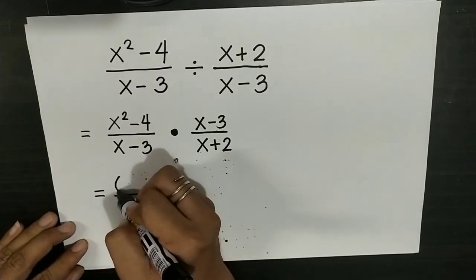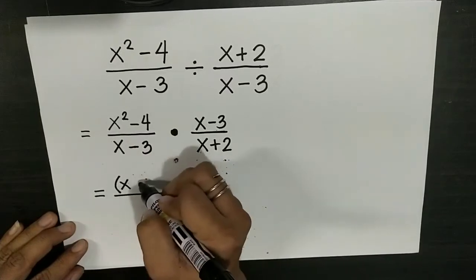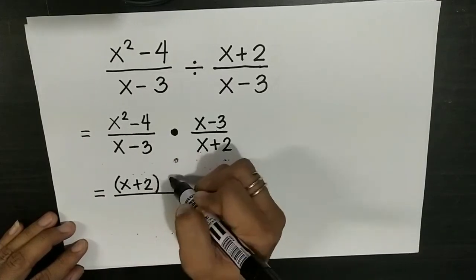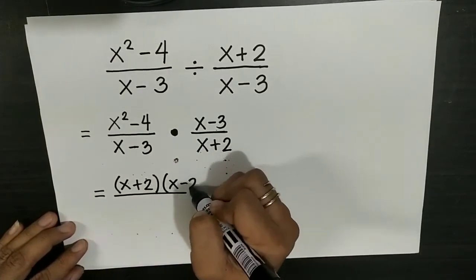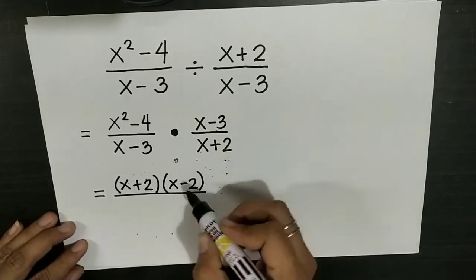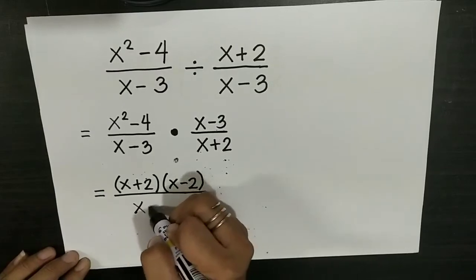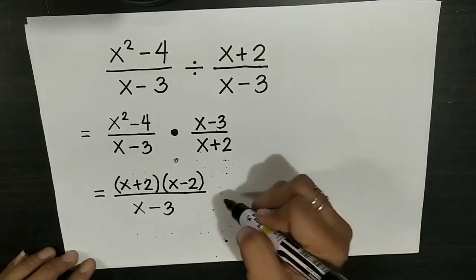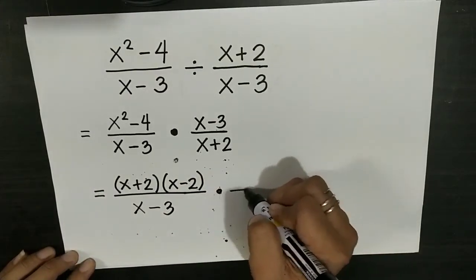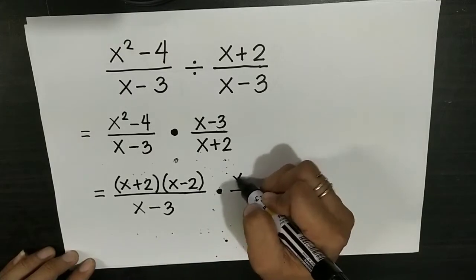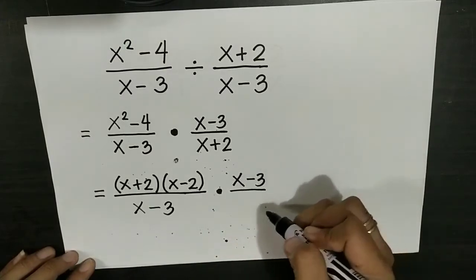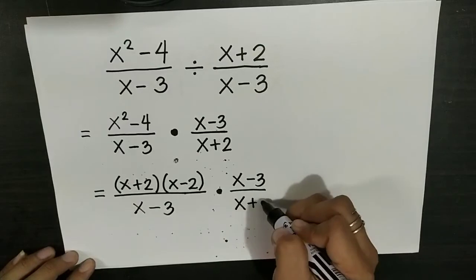So let's find its factors. We have x plus 2. The other one is x minus 2. Okay, these are the factors of x squared minus 4. Then copy x minus 3 because this is not factorable. The x minus 3 also, it can't be factored. X plus 2 as well.